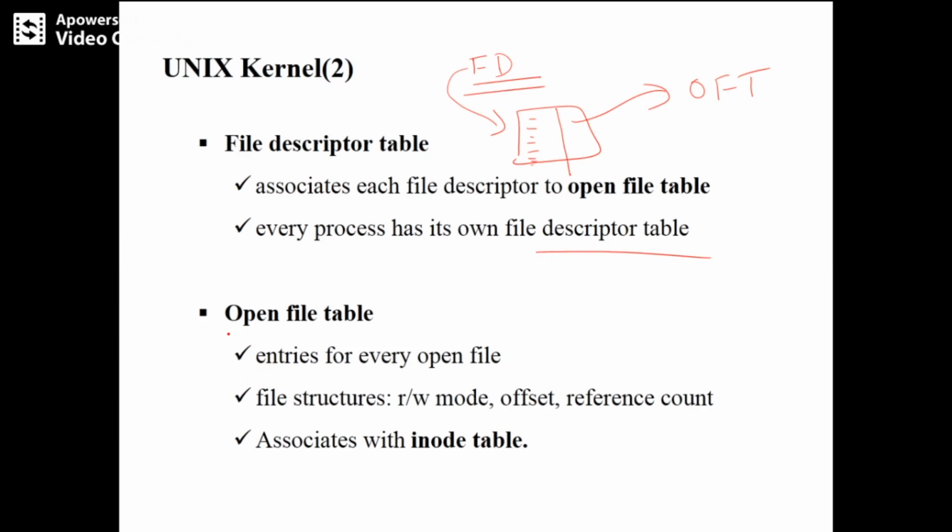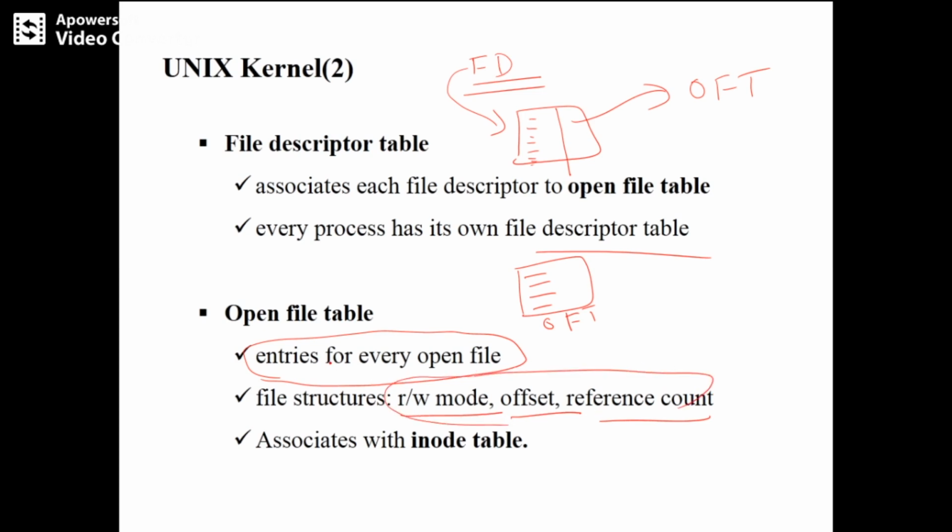Next, what exactly is open file table? Entry for every open file. So whichever file you are going to open, that will be stored in open file table. When you open a new file, the entry will be added to the open file table. File structures, read write mode, offset, reference count, all these things are the file structures of open file table.